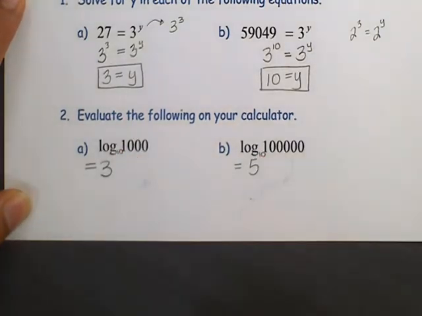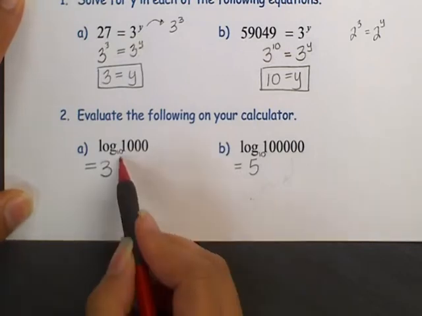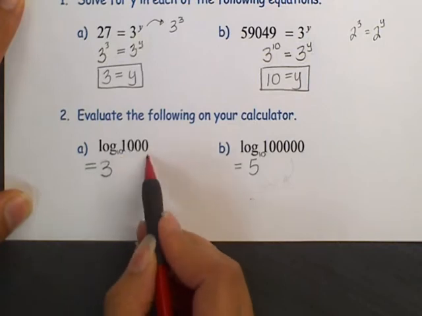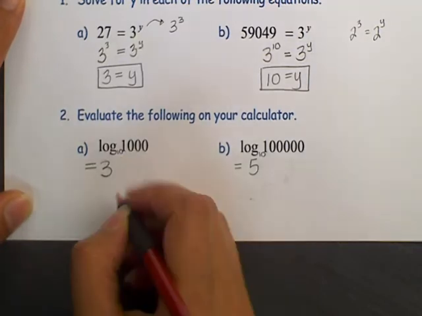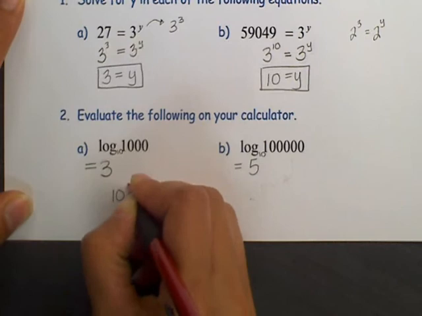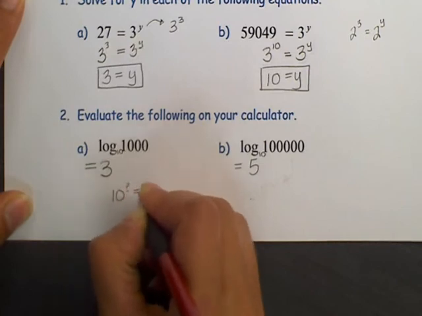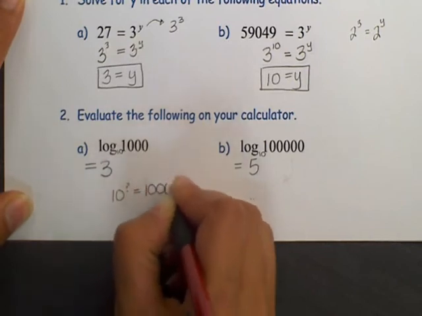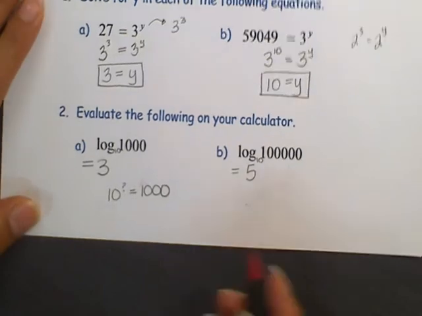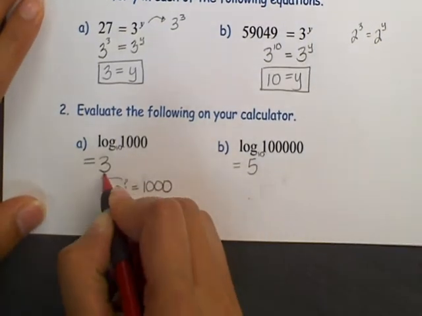And what I'm trying to solve for in the logarithm is what exponent on a base of 10 will give me an answer of 1,000. Or in other words, 10 to what exponent will give me an answer of 1,000. Okay, and I know that that exponent is 3, and that's how we got an answer of 3 here.